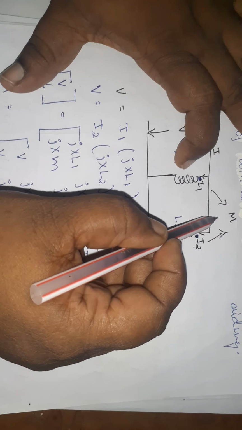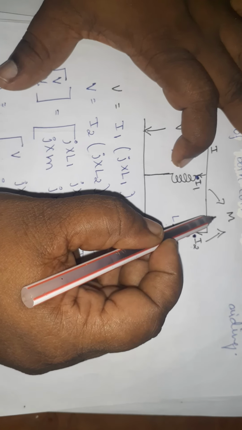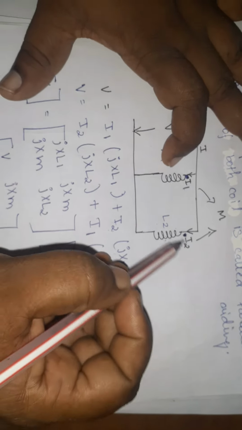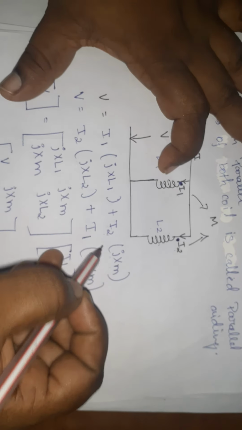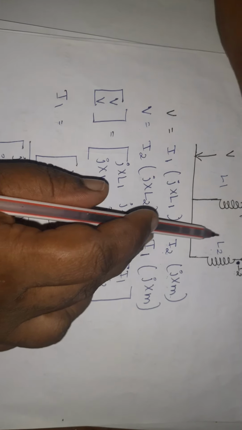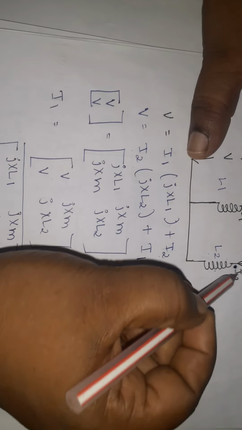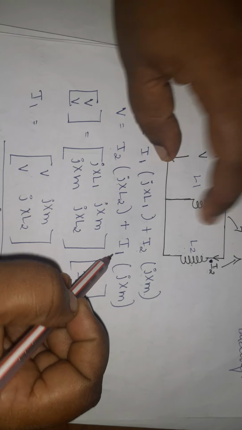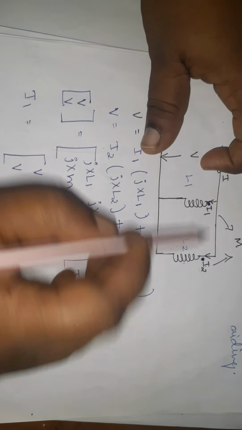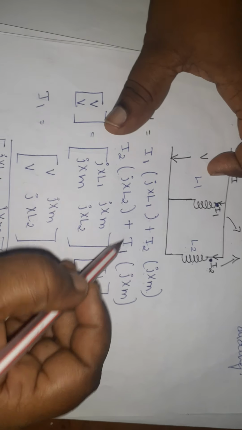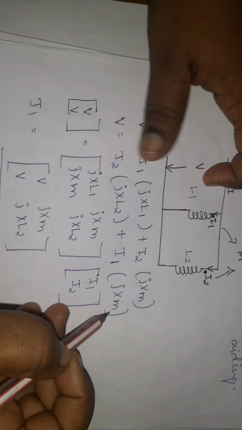The mutual inductance depends on the current I2, that's why you write I2 into jXM. Next you write the equation for the other coil. V is equal to I2 into jXL2 plus I1 into jXM, because this mutual inductance comes from the I1 current.